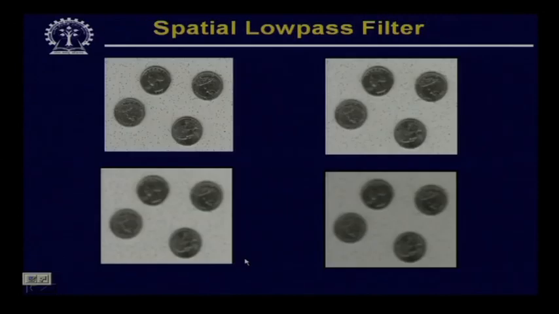Now, using this kind of mask operation, here we have shown some results. You find that the top left image is a noisy image. When you do the masking operation or averaging operation on this noisy image, the right top image shows the averaging with a mask of size 3 by 3. The left bottom image is obtained using a mask of size 5 by 5, and the right bottom image is obtained using a mask of size 7 by 7.